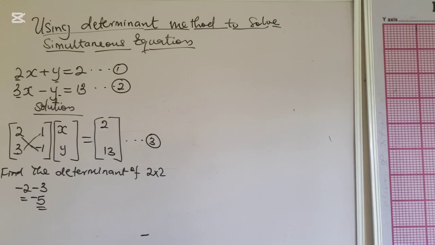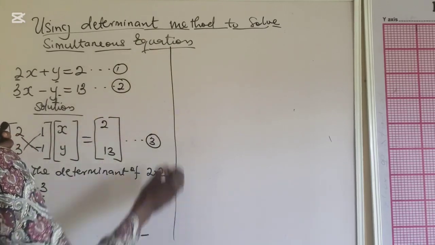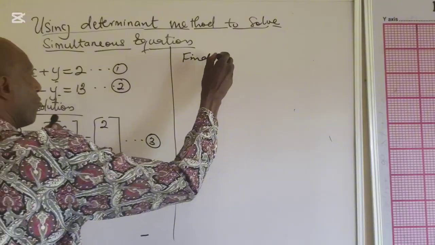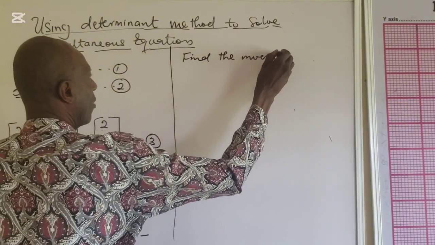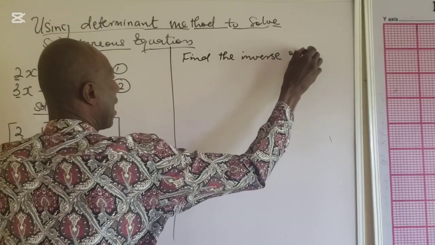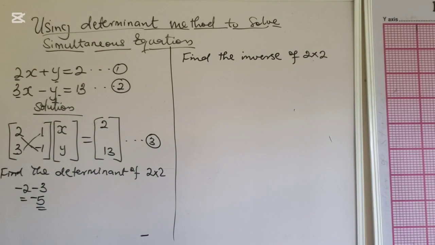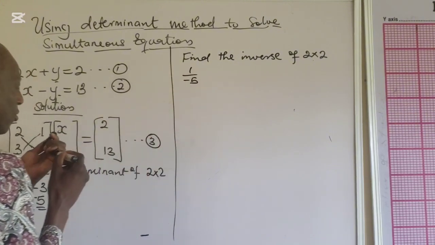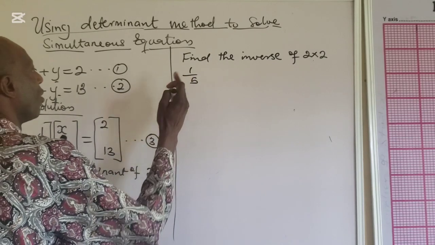So the next thing to do is to look for the inverse. Let us now find the inverse of the 2 by 2 matrix. The inverse is minus 1 over 5, that is 1 over minus 5. But we don't put the minus at the bottom, because the minus will always come to the top.